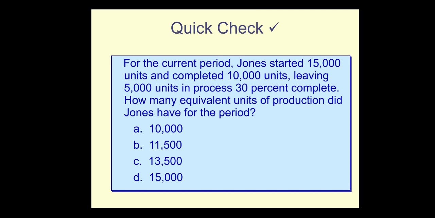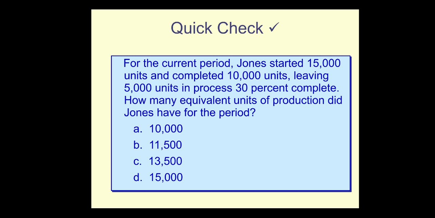So let's see here. For the current period, a business started 15,000 units and completed 10,000 units, leaving 5,000 units in process, 30% complete. How many equivalent units of production did the business have for the period? So this business started 15,000 units of production.